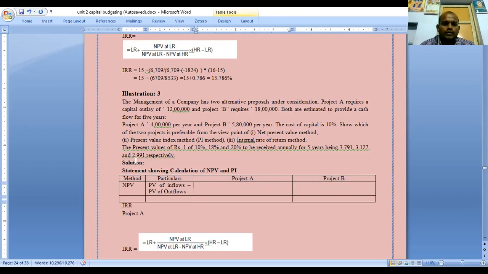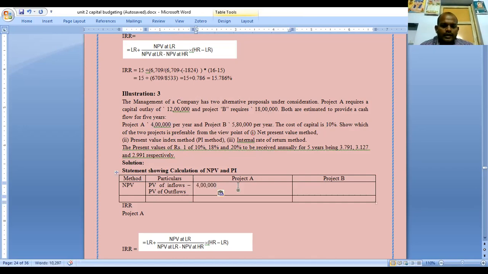So PV of inflows, we have to convert the annual cash inflows, that is 4 lakhs, into present value at 10% discount rate.